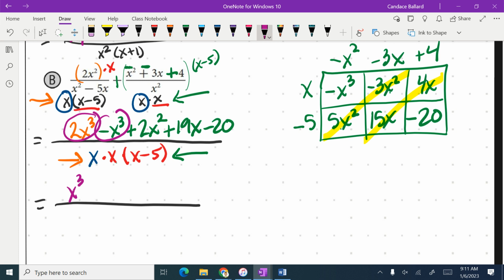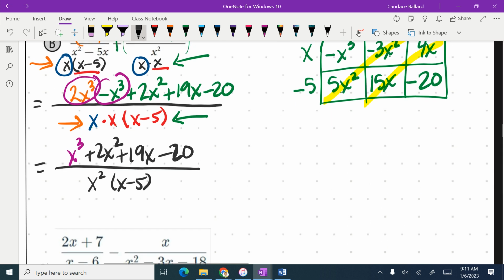And everything else is going to be the same as it was before. So 2x squared plus 19x minus 20. And the only thing I might do again in my denominator is x times x would be x squared, and then x minus 5. You don't have to do that, but I would take x times x on your test if that came up, or the quiz if that came up.